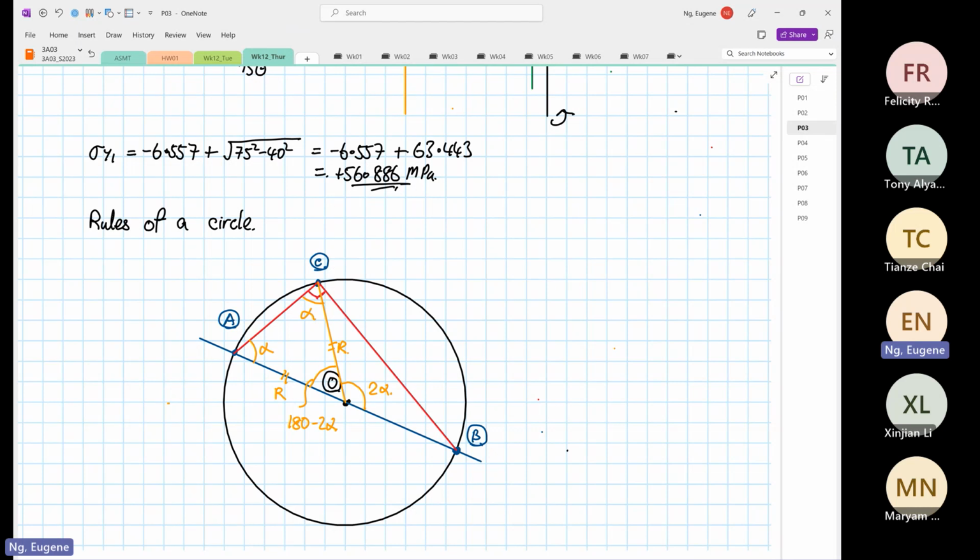So now I'm going to measure it with my protractor. The angle over there, the alpha that I get, is about 62 degrees.